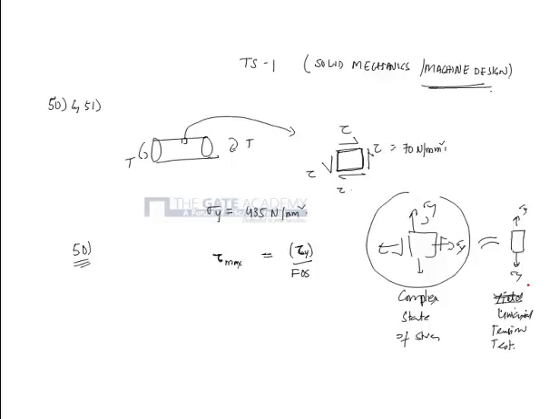So in all these five theories of failure, you always compare some parameter in a complex state of stress with the equivalent parameter in the uniaxial test. So that is the logic.